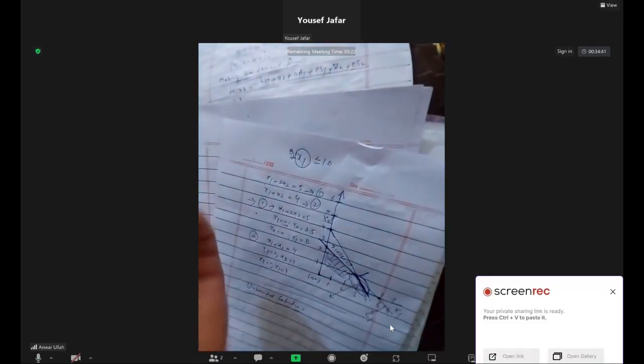Now the value of x1 cannot be greater than 5. If we put x1 equal to 6, it will give us a value of 12, which is greater than 10. So it will not obey the constraint if the x1 value is greater than 5. So this is not unbounded, this is bounded.